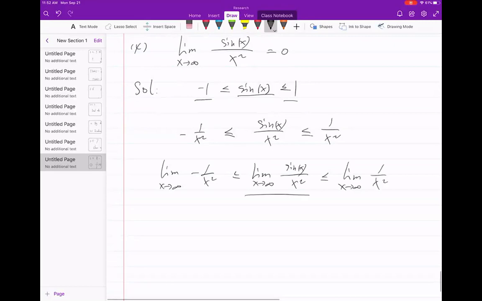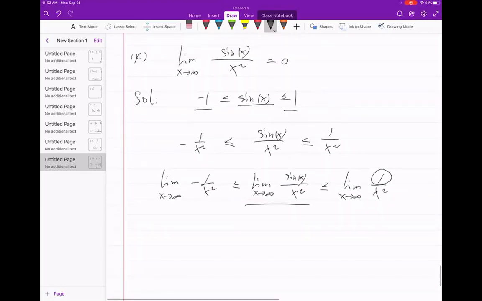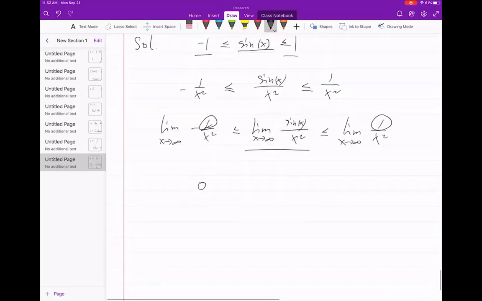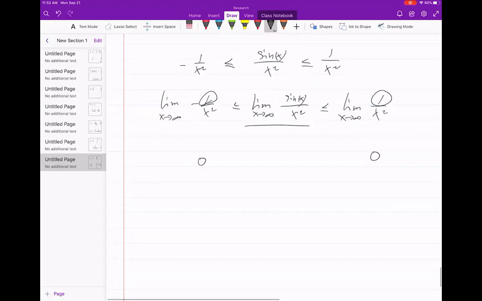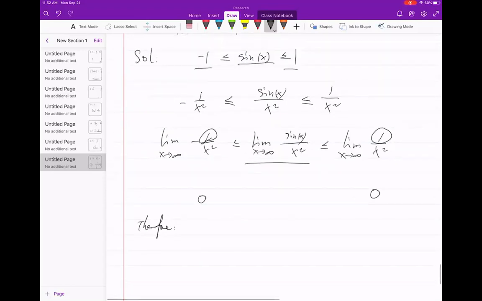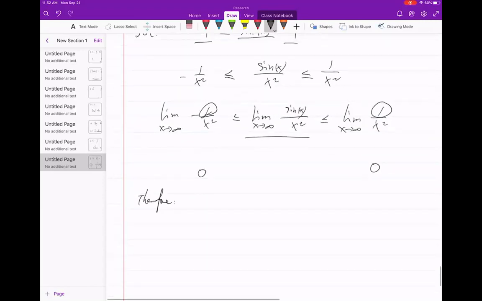It's kind of hard to see because your sin x can be any number between -1 and 1. It's not a fixed number. But this is a fixed number, and this is a fixed number, and I know this is 0, I know this is 0. What about the one in the middle? 0, according to squeeze theorem. So even for limits at infinity, squeeze theorem always works. And the hint is still when you see sine, cosine, squeeze.